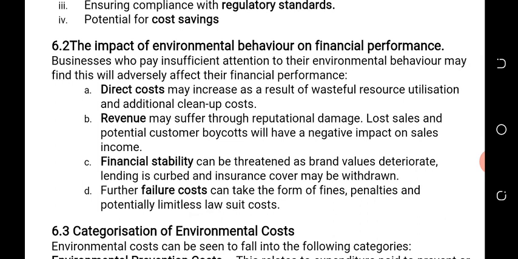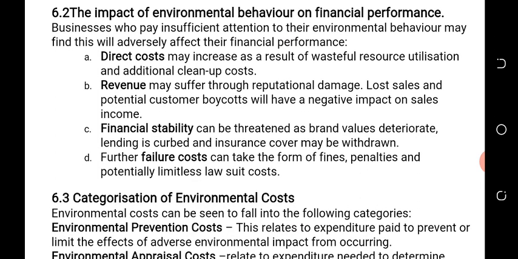An adverse financial performance. One, the direct costs may increase as a result of wasteful resource utilization and additional cleanup costs.